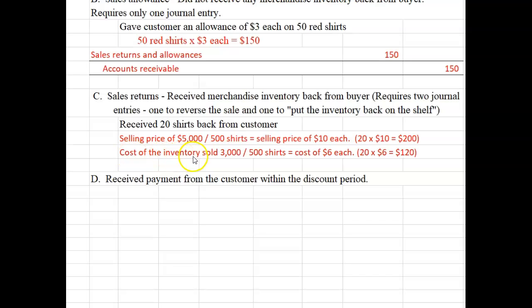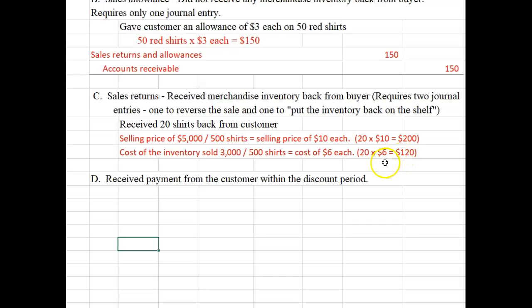The cost of the inventory that was sold was $3,000 divided by the 500 shirts sold, which equals a cost of $6 each. Now, the seller received 20 shirts back from the customer. 20 times 10 equals $200 sales return, and 20 times 6 equals a $120 reduction in cost of goods sold and an increase in the merchandise inventory, again because it has to go back on the shelf.